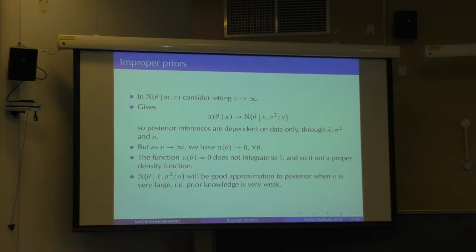So in principle, if we have either very small information or a large sample, we don't even need to calculate the posterior parameters. We just need to calculate the sample mean, and we'll have a fully determined posterior. Okay?